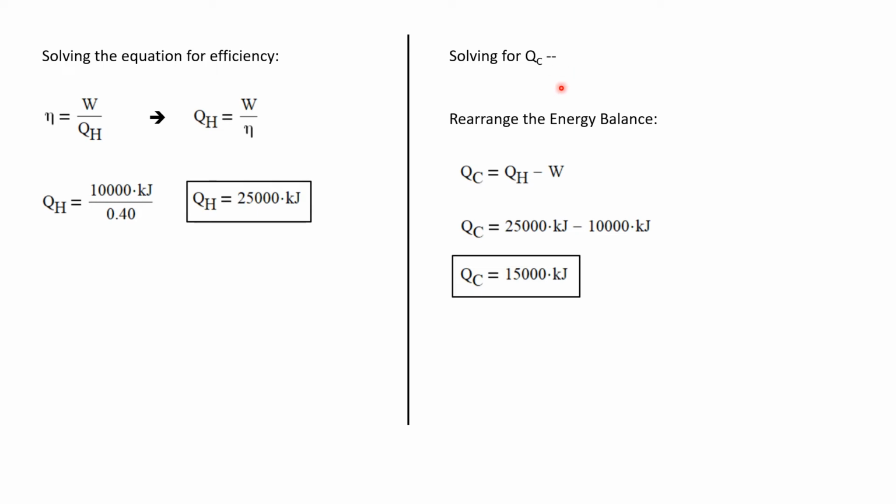Solving for Q sub C, let's rearrange the energy balance. It's Q sub H minus W. Well, Q sub H we just determined was 25,000 kilojoules, and work was given as 10,000 kilojoules. So Q sub C, the energy rejected to the low temperature reservoir, is 15,000 kilojoules.